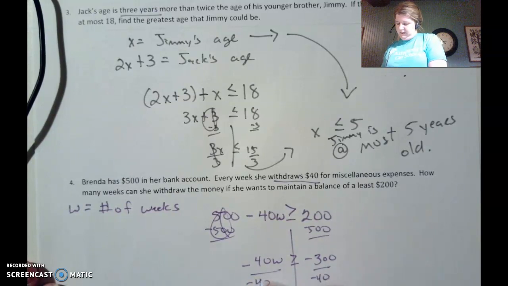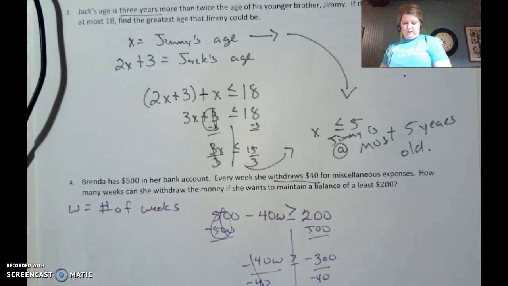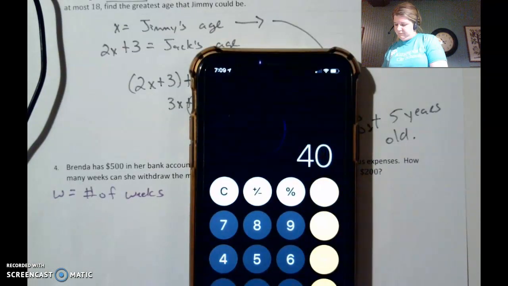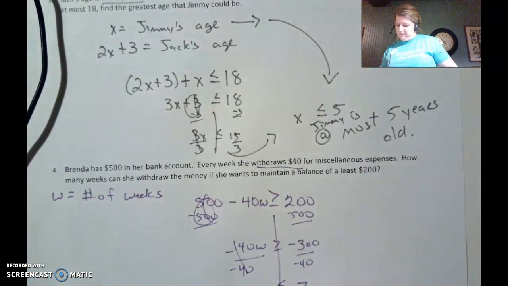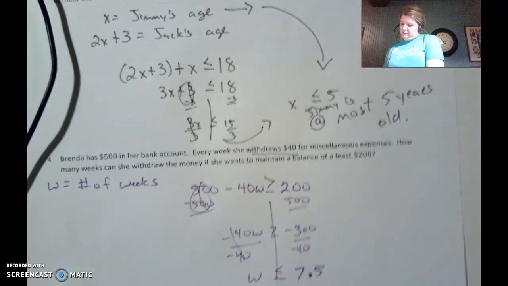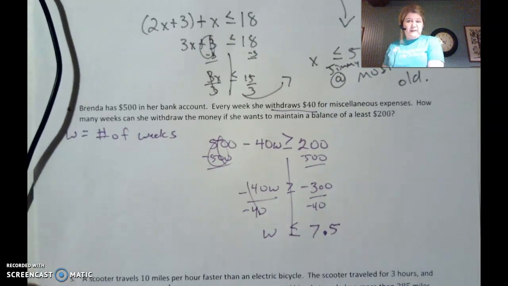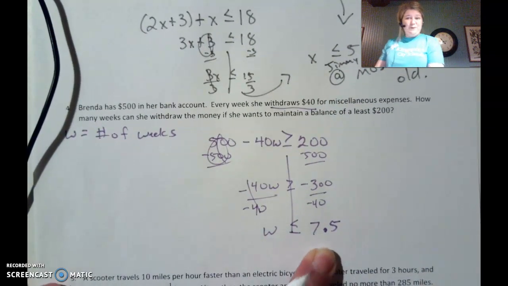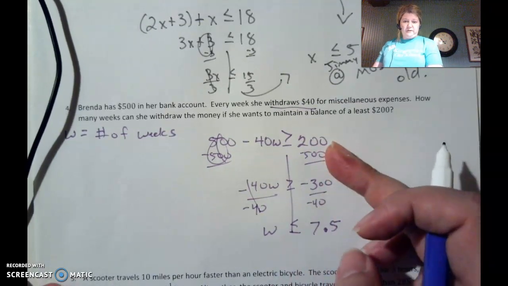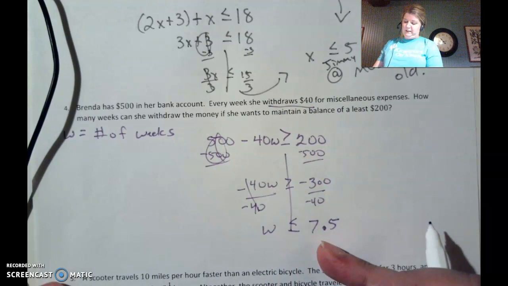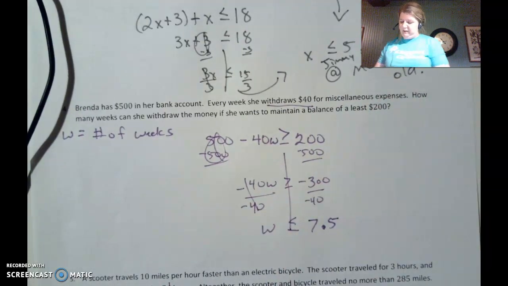When I'm dividing by a negative, I reverse the inequality sign. Now 300 divided by 40. Let's do this. 7.5. Okay, so the weeks is less than or equal to 7.5. Well, she's doing it every week, so if she went 8 weeks, then she wouldn't have $200 left. So if she went 7 weeks, I believe she would still have the $200.